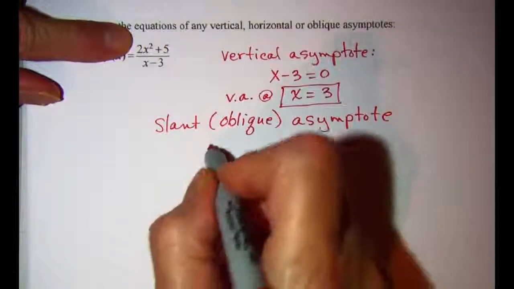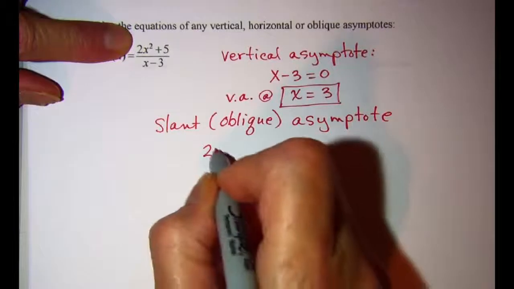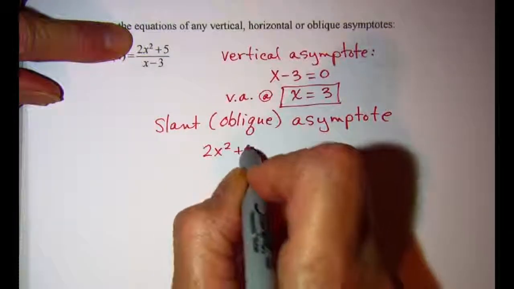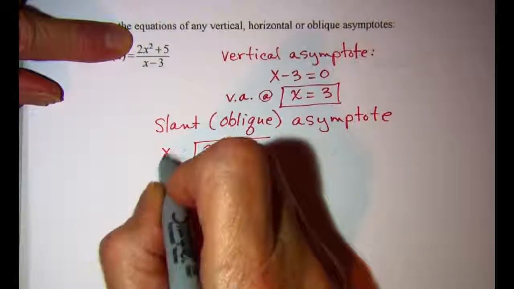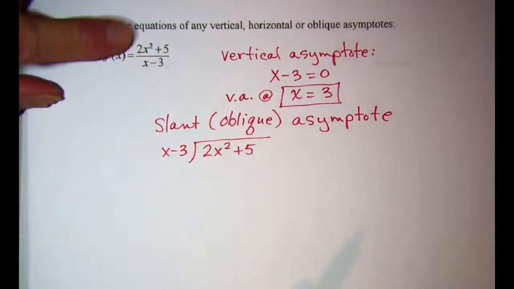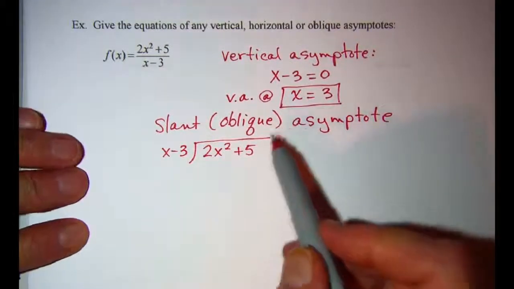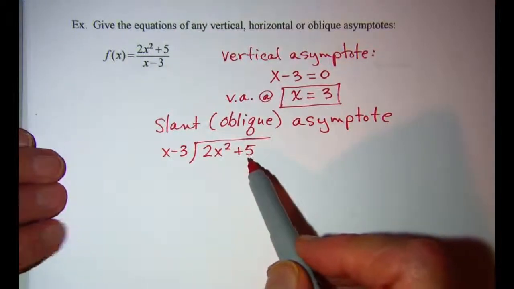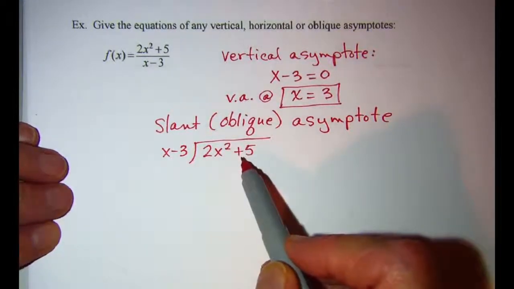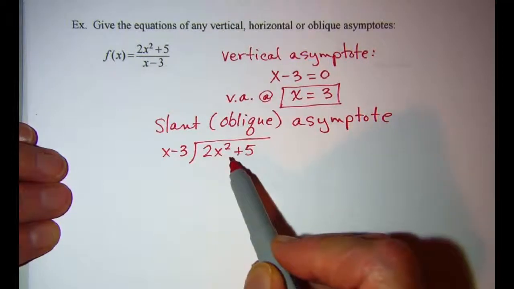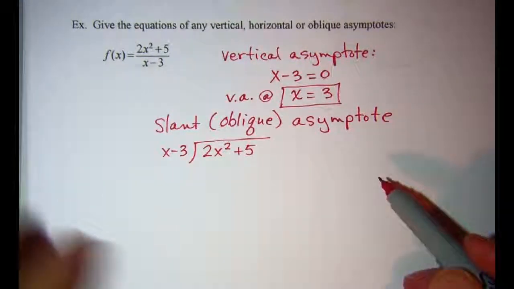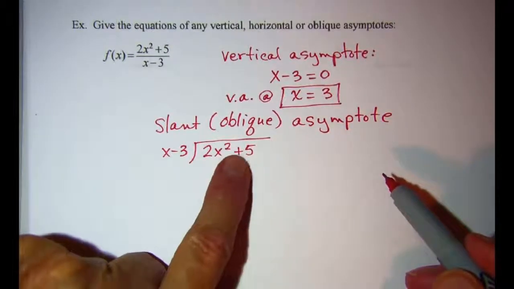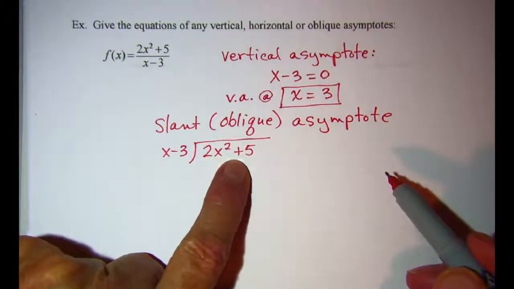2x squared plus 5 divided by x minus 3. Now we can do this with a synthetic division, or we can do this with long division. If we do it with long division, we're going to need to put a placeholder in here because we're missing our x term.